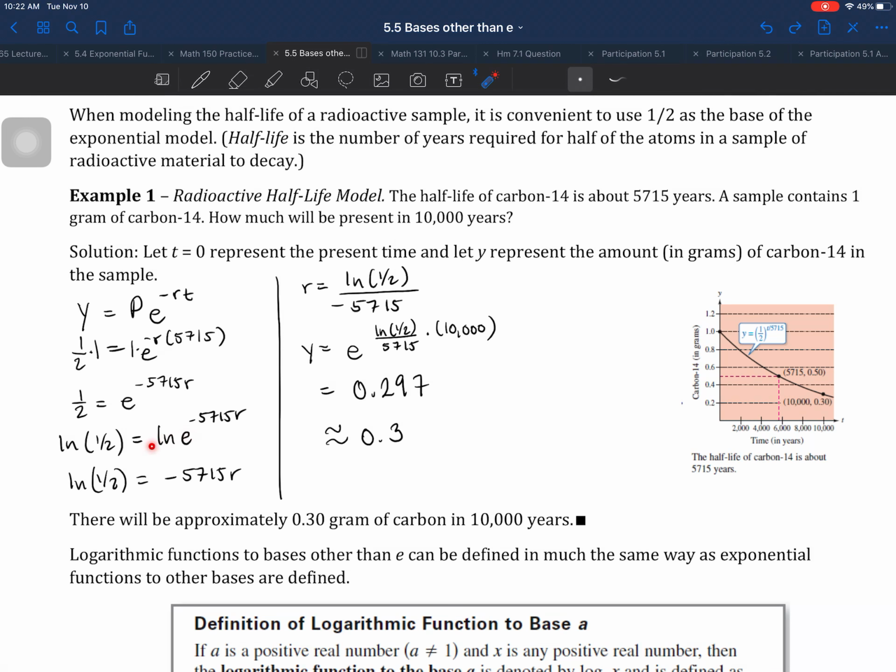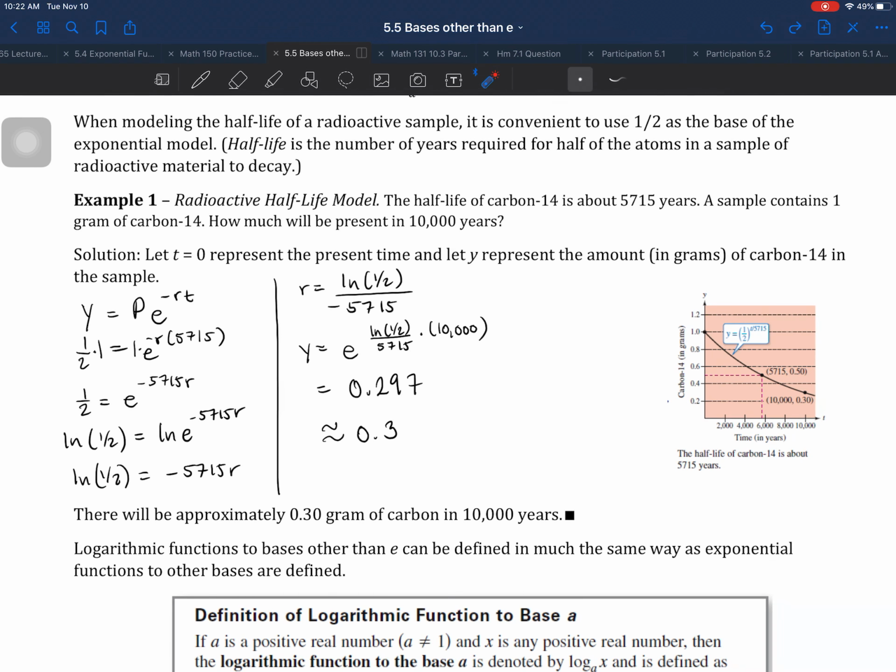These two will cancel each other out because they're inverses of each other, and so you're left with negative 5,715 r. And then since we're solving for r, we're going to divide both sides by this factor, right? Now we don't have to worry too much about natural log of 1/2. That's just a number, just a decimal. Whatever decimal it is, we're not going to stress about it. We're just going to divide this number on both sides, and that's what we have here. There you go. We found r.